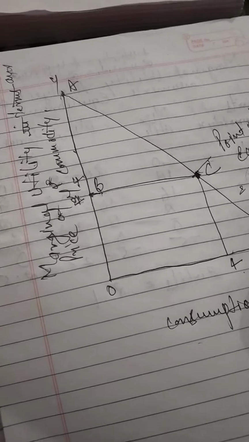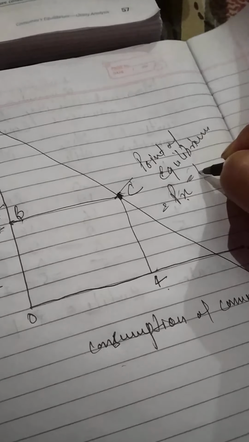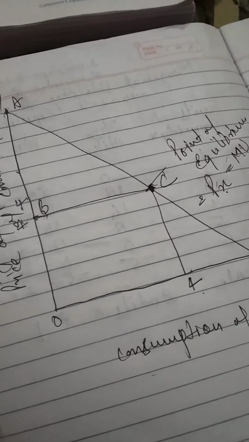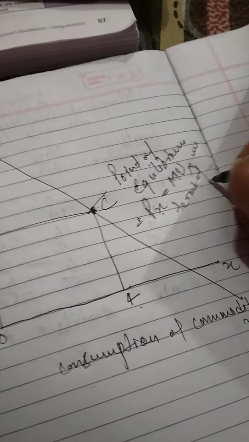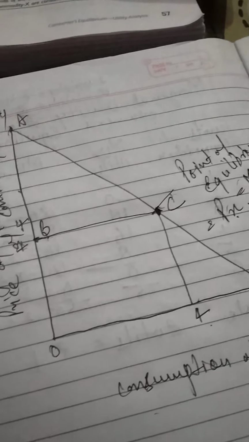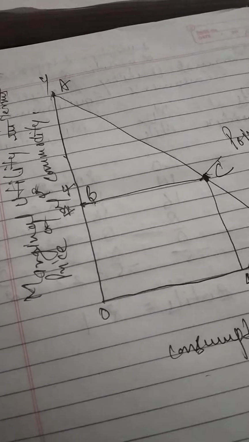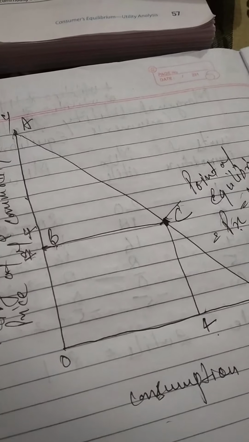Here we can say that the price of commodity X is equal to the marginal utility of commodity X in terms of rupees. In this graph, what we have observed is that the marginal utility curve is sloping downward.